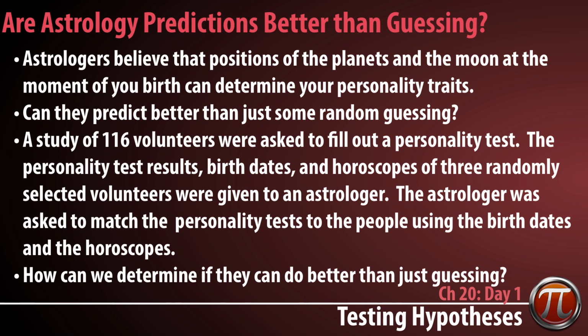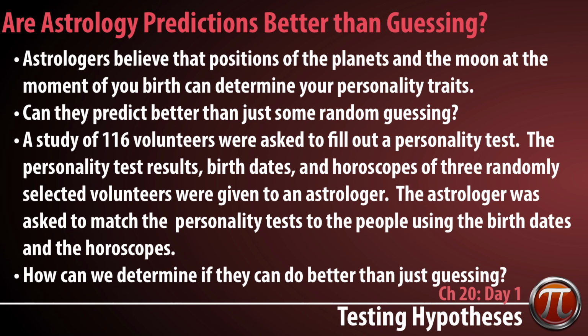They took these personality tests, the birthdays and the horoscopes, and they wanted to match up the birth dates to the horoscopes and the profiles. The setting was that they were given a single birthday, and they wanted to match up, out of 3 personality tests, which one belonged to that birthday.